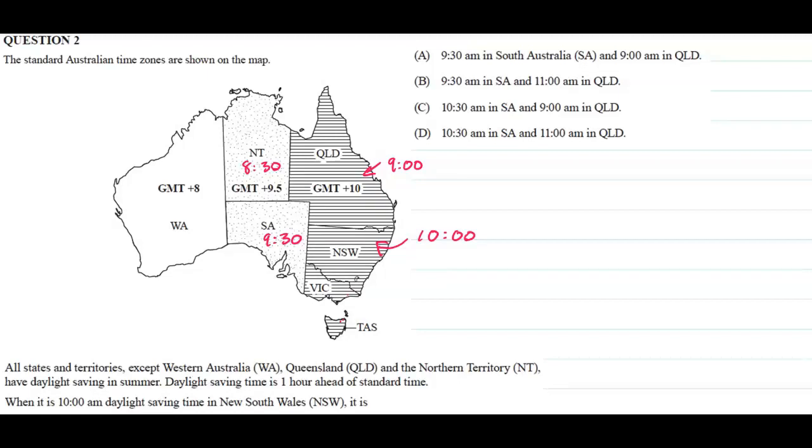Western Australia also doesn't follow daylight saving time, and it is 2 hours behind Queensland, so it would be 7 o'clock. Now, let's have a look at our options. When it's 10 a.m. daylight saving in New South Wales, A, 9:30 a.m. in South Australia, check, and 9 a.m. in Queensland, check. So our solution for question 2 is A.